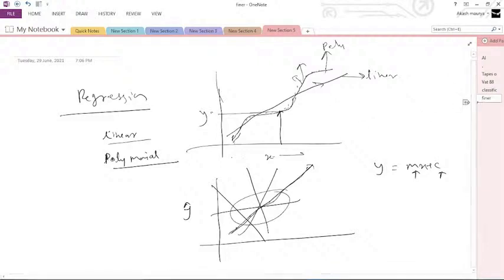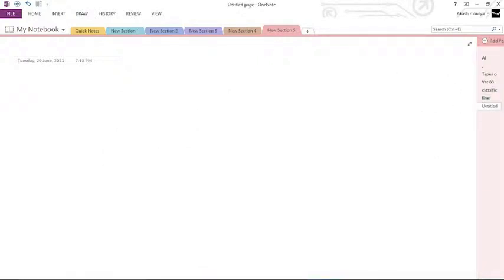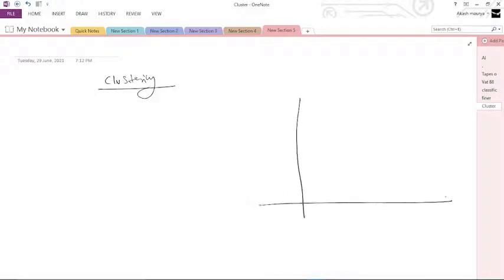So this one is the regression, and let's talk about the unsupervised method, which is clustering. I had taken a very lame example while explaining that a guy doesn't know which one is an orange and which one is a banana. Here, let's talk more mathematically.